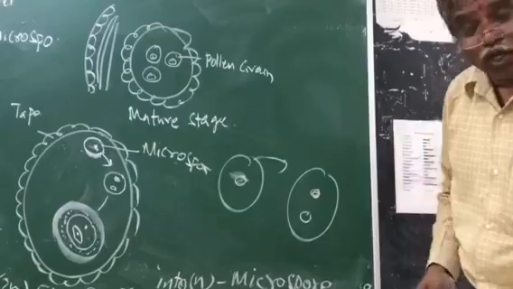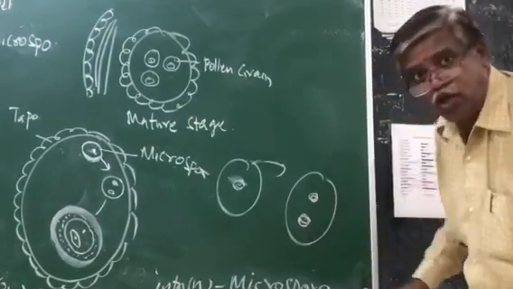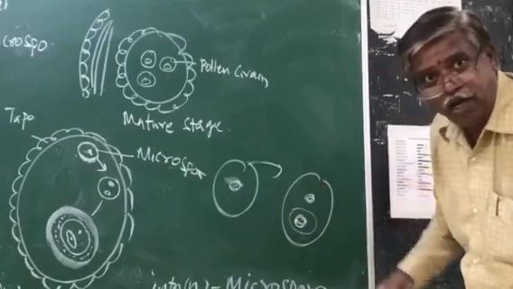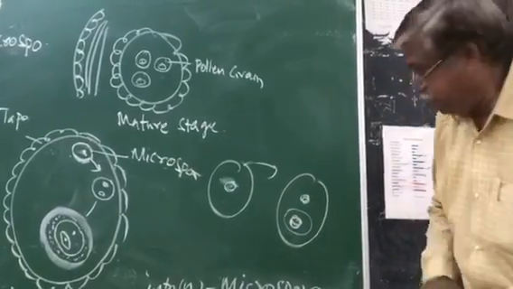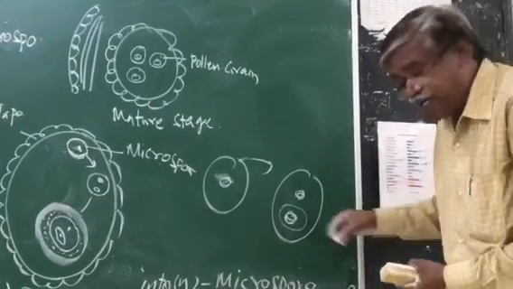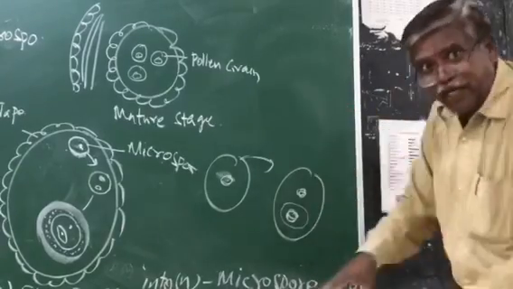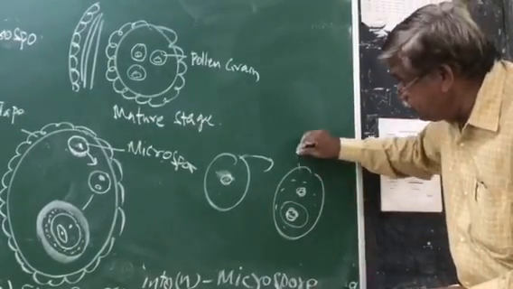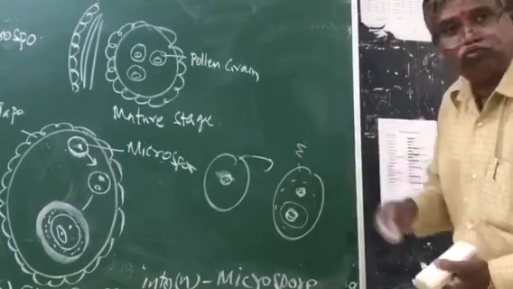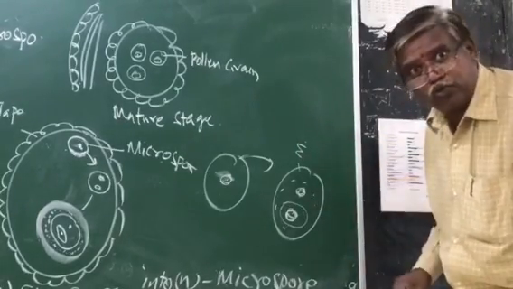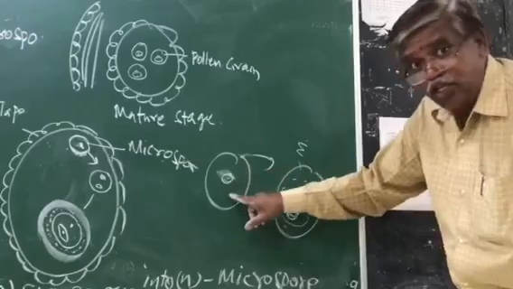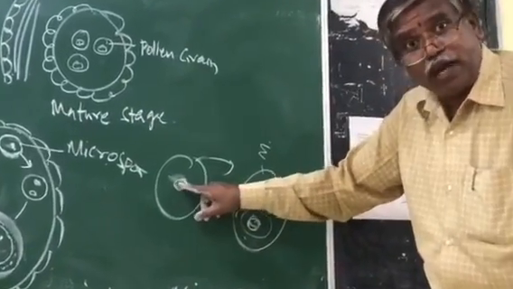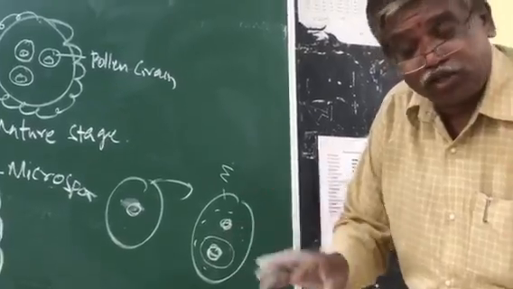Among this binucleated, one nucleus develops a cell wall and cell membrane and becomes a cell. This is the cell which is floating in the cytoplasm of the large microspore. But now it is not a microspore as uninucleated; it undergoes mitosis. Only karyokinesis, mitosis occurs.